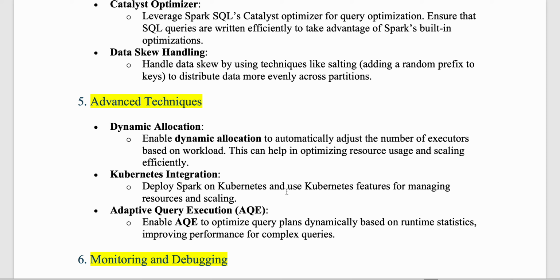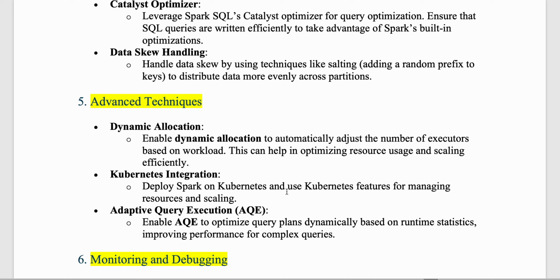If your data volume is more, or if your job has multiple UDFs, it will do some fractioning of the memory and allocate your memory accordingly. This is one of the optimization techniques to allocate resources. Then Kubernetes integration: deploy Spark on Kubernetes and use Kubernetes features for managing resources.